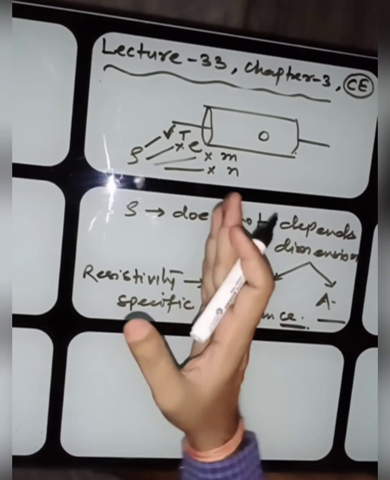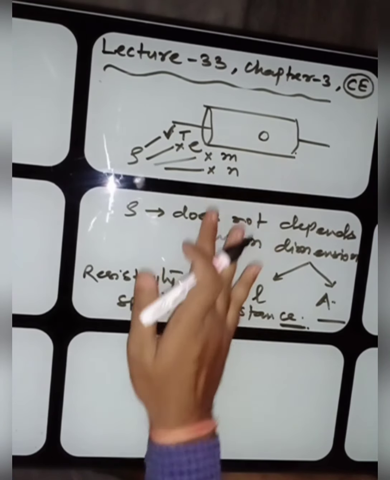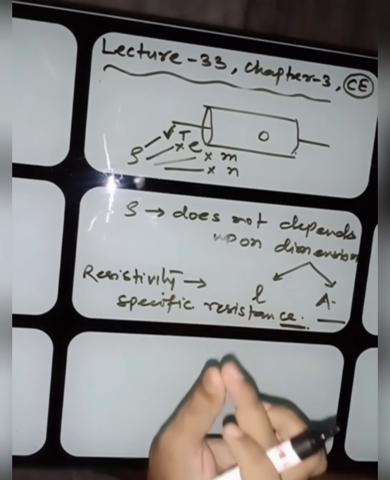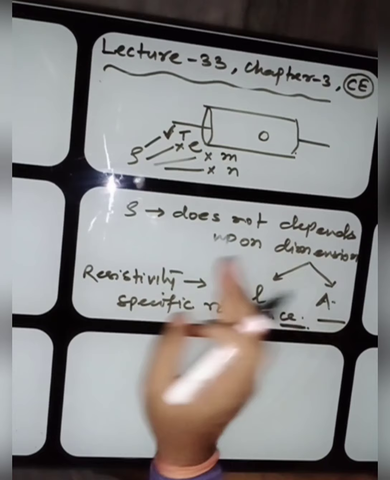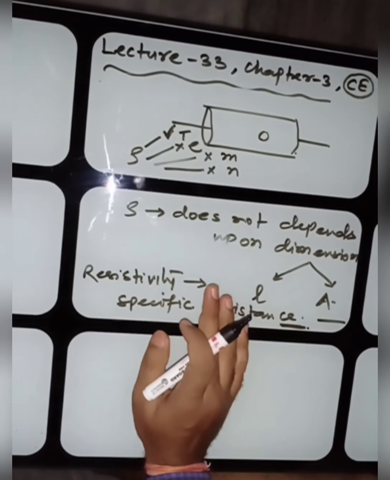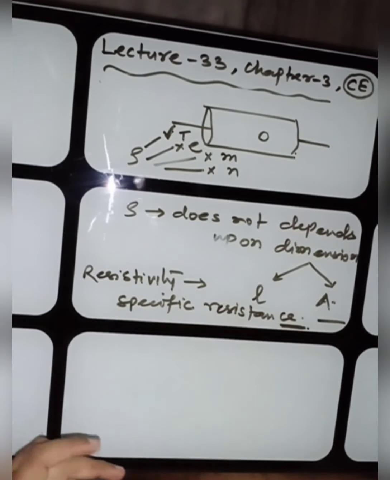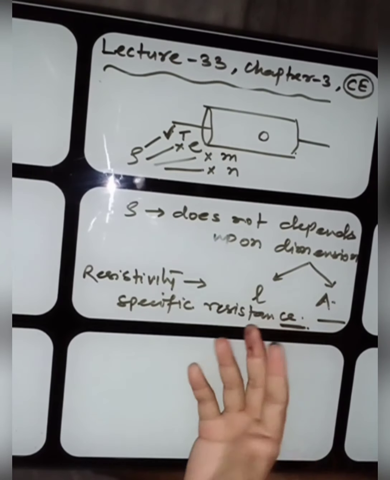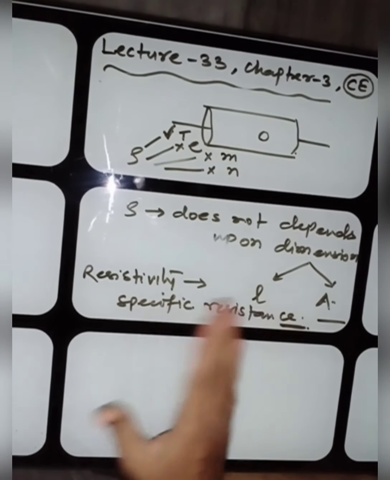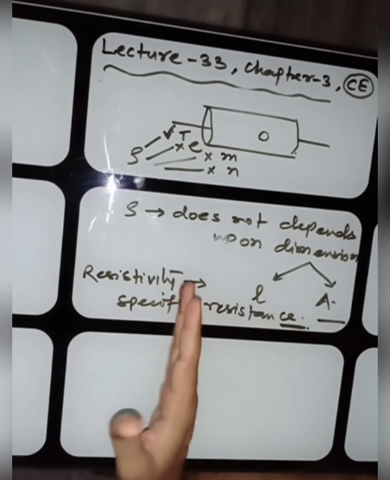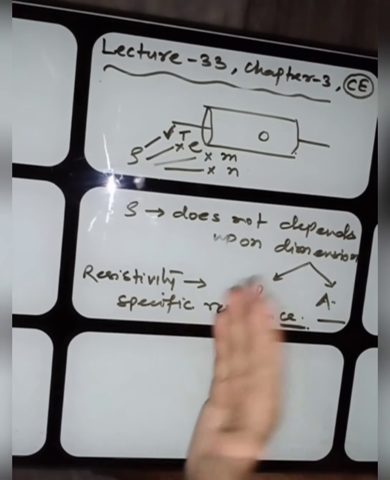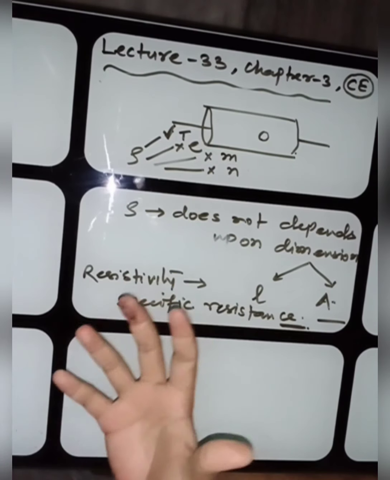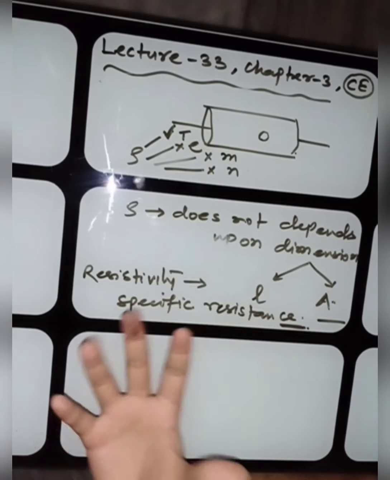If you cut this conductor to the very smallest part, the resistance of that smallest part is considered as the resistivity. If it is the smallest part, it is not going to change with length or cross-sectional area, because if it is already smallest, you cannot change them. So it is not depending upon the dimension.